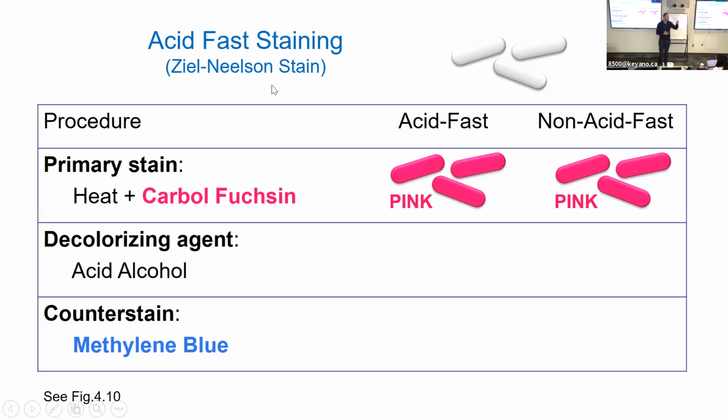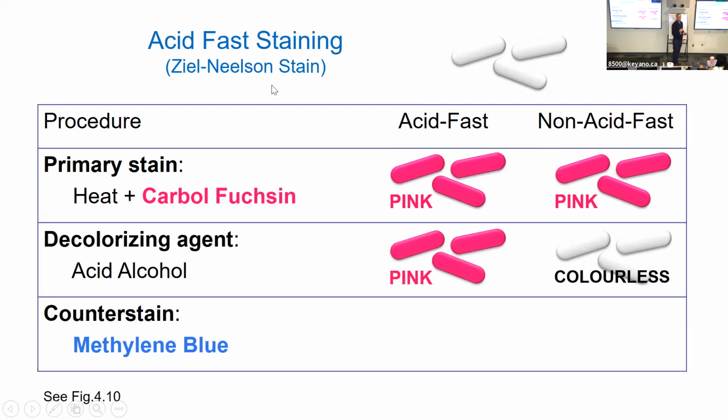I don't know if I'd say your pencil case is quite a fuchsia, but sort of, maybe? Yeah, something like that. So that's what carbol fuchsin is. It's just a fuchsia color. Then there's the heat, and the heat melts the wax a little bit, and the stain is going to get in there. That's the whole idea.